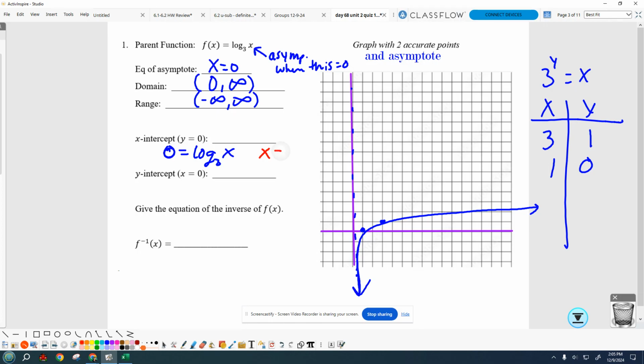So it's going to be x equals, now we need to translate base to the exponent equals the argument. So x equals, what's the base? 3. To what power? To the 0. And 3 to the 0 is 1. So my coordinate is (1, 0). You need parentheses around it. It's naked without them. The coordinate is (1, 0).